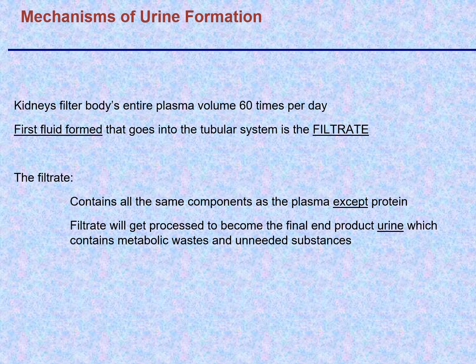The very first fluid that forms through the filtration of the plasma through the glomerular wall into the glomerular capsule is called the filtrate, and that filtrate contains the exact same components as the plasma minus any proteins. So it's everything except for proteins. It's very similar to the plasma minus proteins.